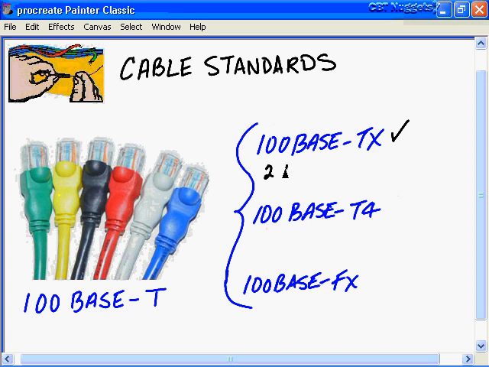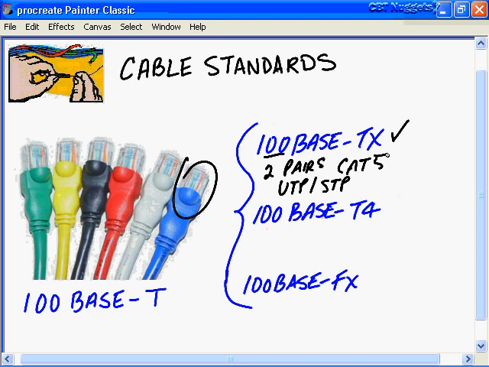Here you've got two pairs of high quality twisted pair wires. And basically this gives you 100 megabit per second Ethernet, hence the 100, generally using category 5, either unshielded twisted pair cable or STP shielded twisted pair cable. Again, this is the predominant fast Ethernet.